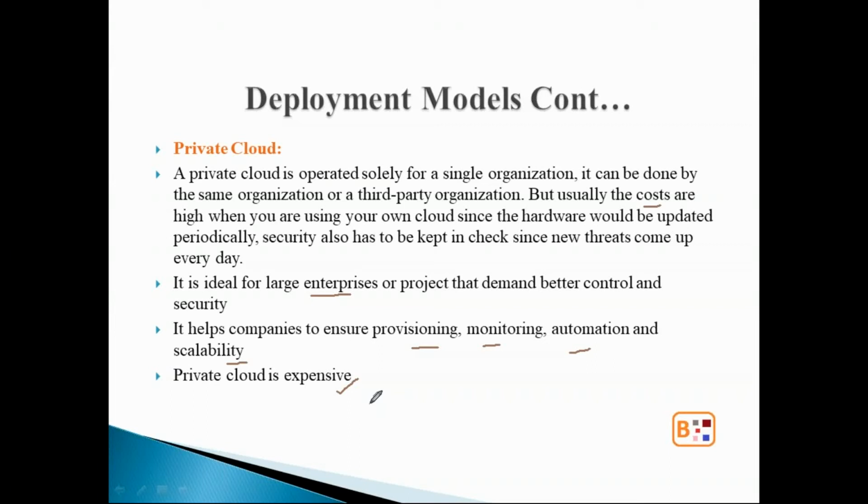And if Accenture wants to give access to any employee, they can set up a VPN for remote access. So it comes under work from home, right? You can work from your home, but you are a genuine user. So private cloud is highly secure, but it is an expensive option in comparison to the public cloud.